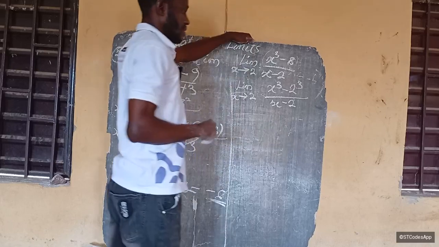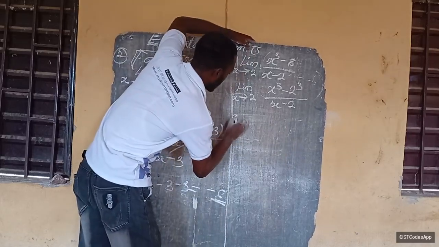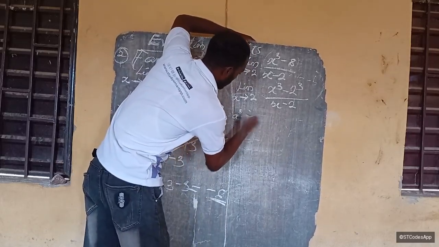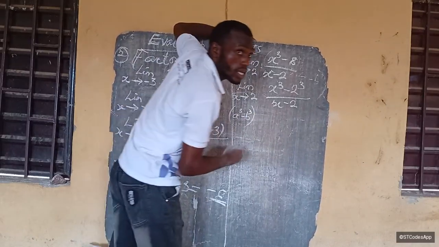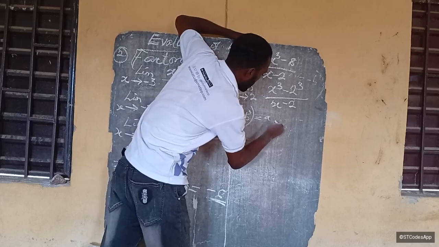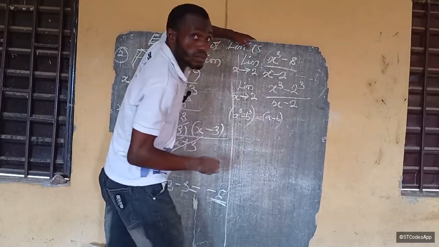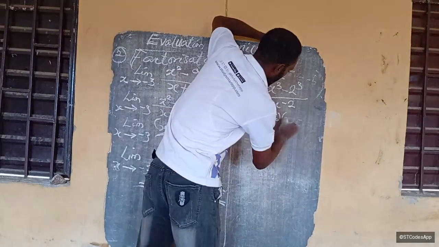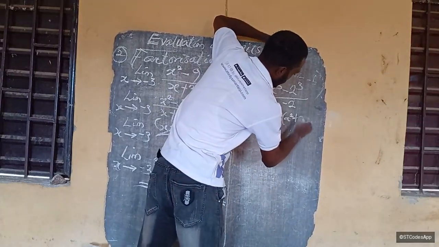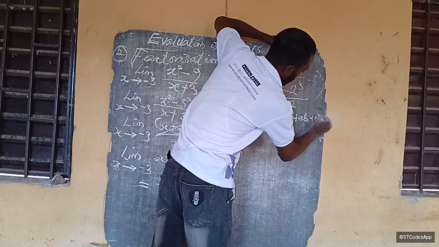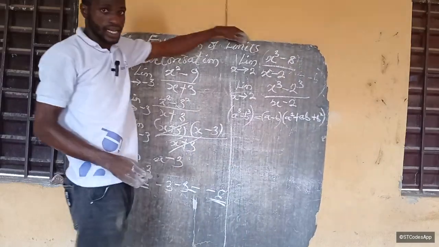Remember that a cubed minus b cubed is equal to a minus b multiplied by a squared plus ab plus b squared. Is that clear?